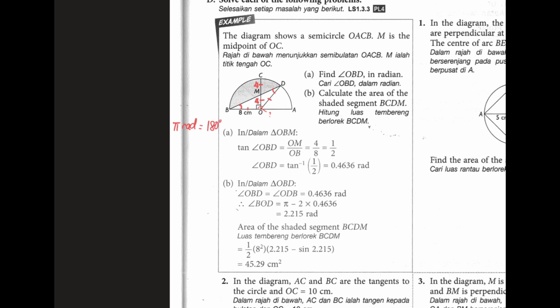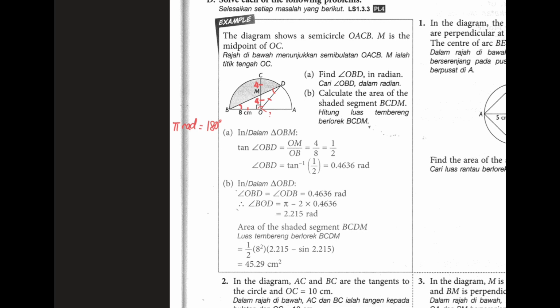So they use pi because a triangle has a total angle of pi, a total angle of 180 degrees. In other words, this angle plus this angle plus this angle is equal to 180 degrees or pi radian. So in order to find this, we use pi minus this and that. So that's why you see the working, pi minus 2 of that angle, then you get the angle 2.215. So once you get that, you get the angle here, and then you can use the formula.